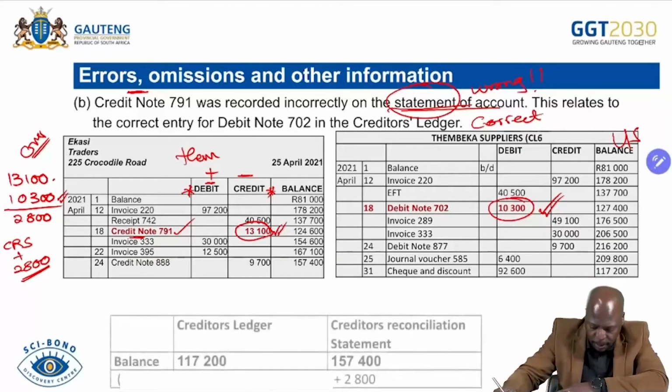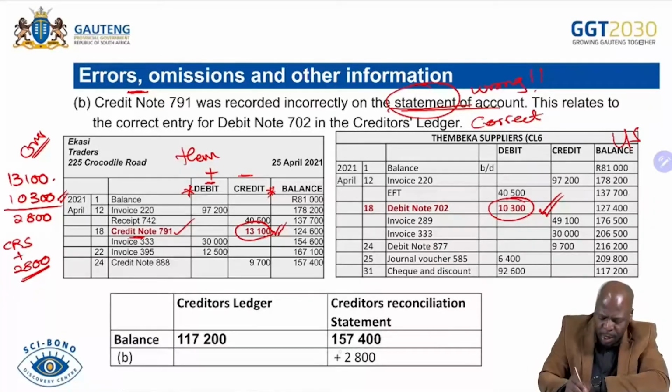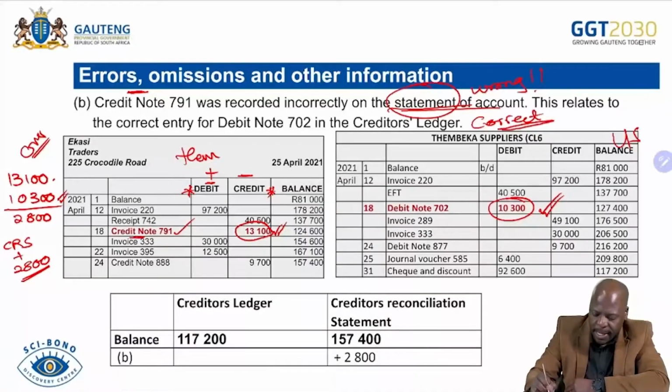Okay, let's see. So I'm coming now to the Creditors Reconciliation. I'm not going to record anything in the ledger because we did not make a mistake. We are correct. But they, them, made an error. So if they make an error, it comes to the reconciliation. And if they made an error, now we want to understand what type of an error.